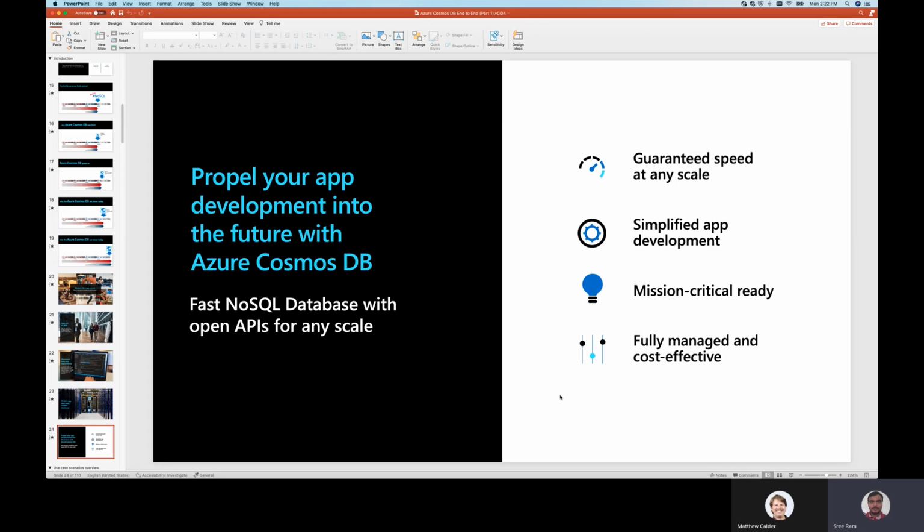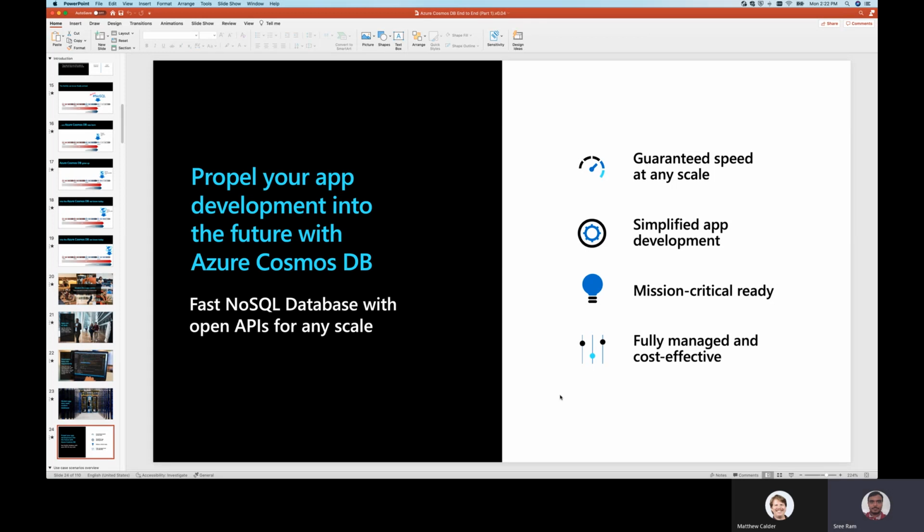And also, you eliminate ORMs in the middle and therefore directly interface with the database from your programming language, thus simplifying your app development. Your application should be mission critical, and therefore, if a region outage were to occur, your application has to immediately be available in a backup region and with similar latency. We'll see how we can solve the mission critical readiness with Cosmos DB.